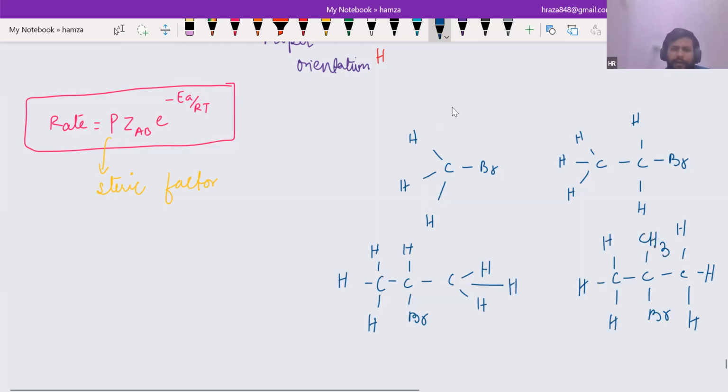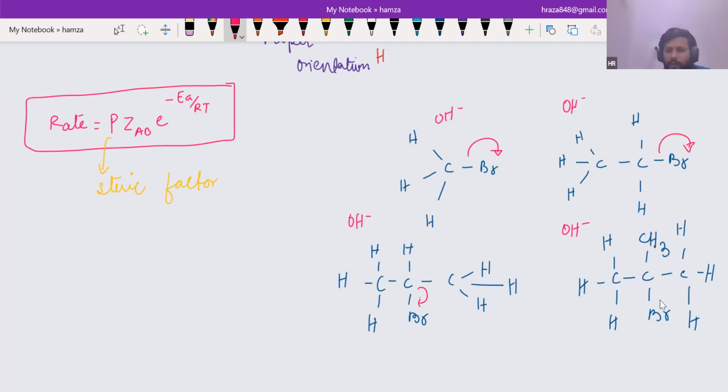Can anyone tell me which OH minus I'm writing here? Since this Br is the leaving group, it will go from here, and it will go from here.